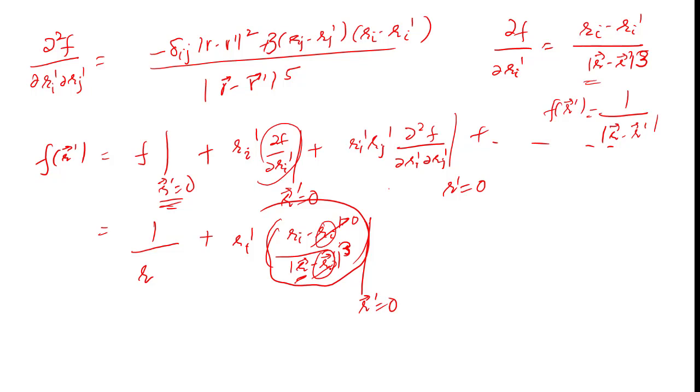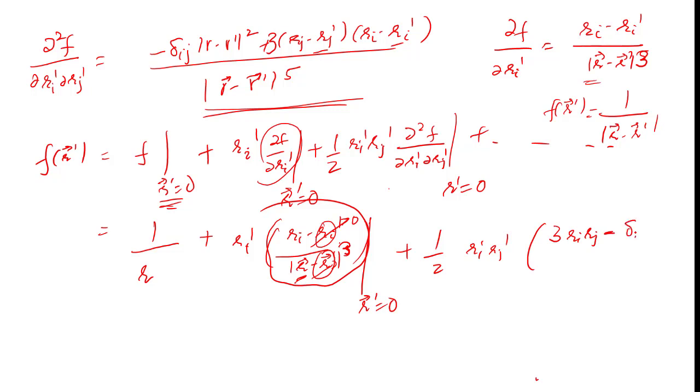So then I would have here there is another half factor plus half ri prime rj prime this here. So ri prime and rj prime would be 0. So I would have 3 times ri rj minus delta ij r square, right, divided by r to the power 5, because I'm setting r prime equal to 0 here.